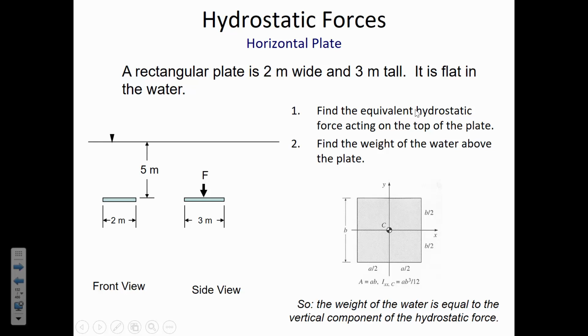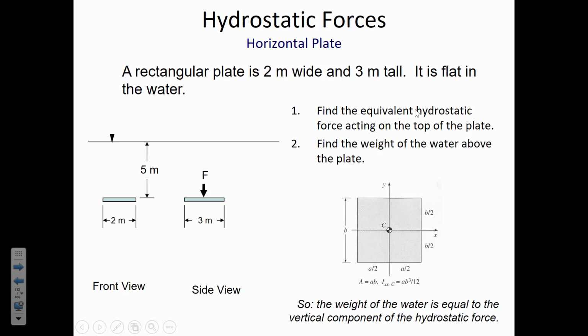Find the force. The hydrostatic force is going to be P bar times A, which is to say delta H times the unit weight gamma times the area of the plate. And the centroid is in the middle, and so the depth of the centroid, the vertical distance from the water surface to the centroid, is just the 5 meters of depth that's shown there.